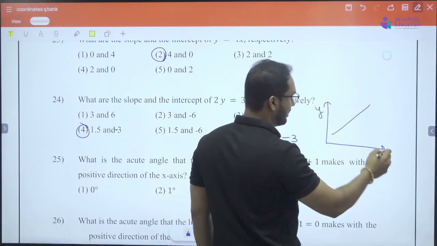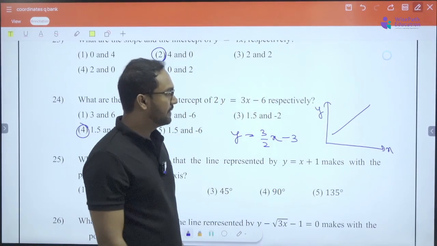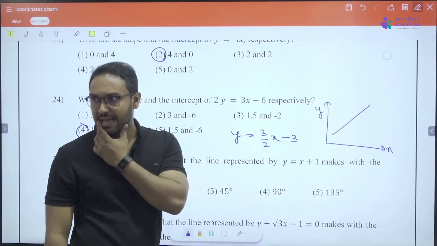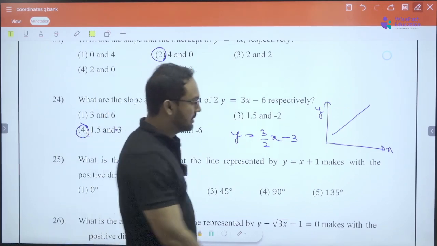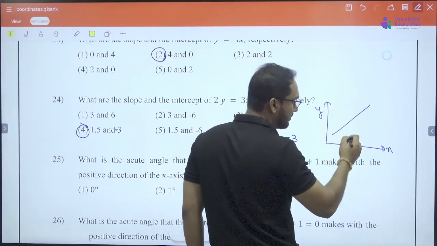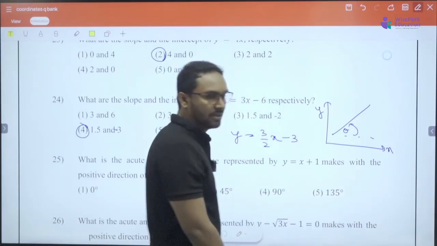This is y, this is x. In this graph, it's an acute angle. The gradient is related to the angle which it makes with the positive direction of the x-axis. So this is the x-axis, and the angle which it makes with the positive direction of the x-axis is this, theta.